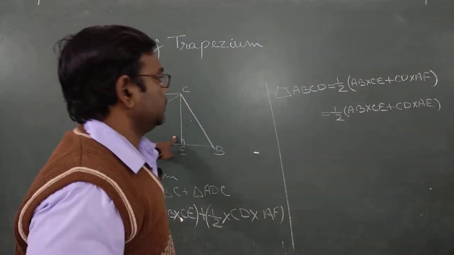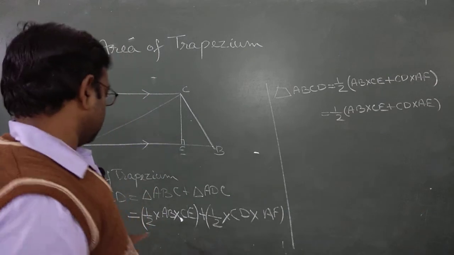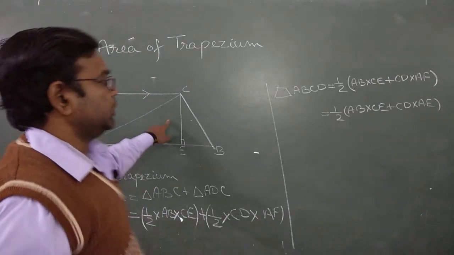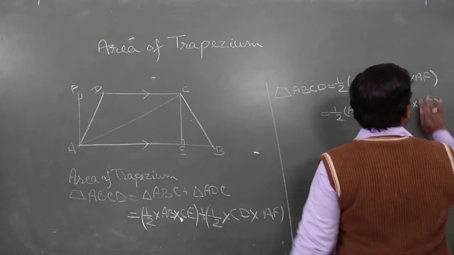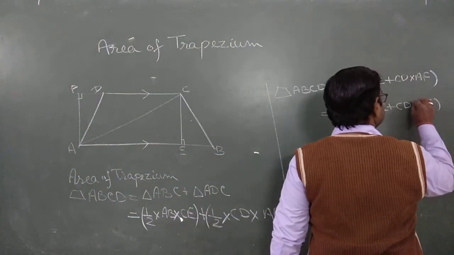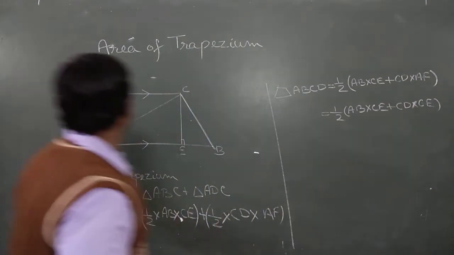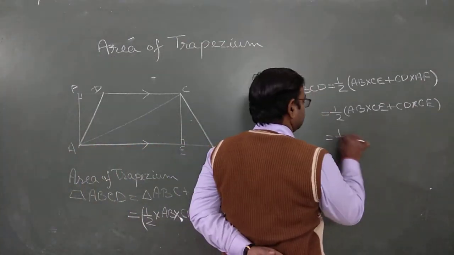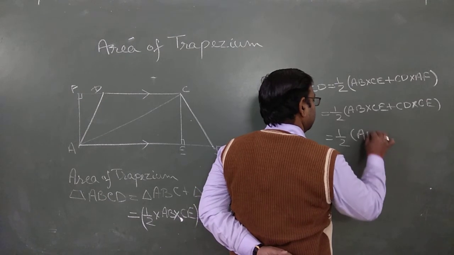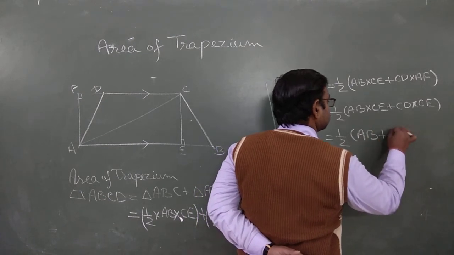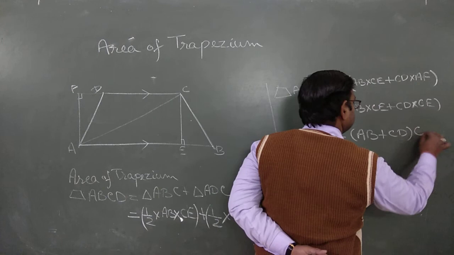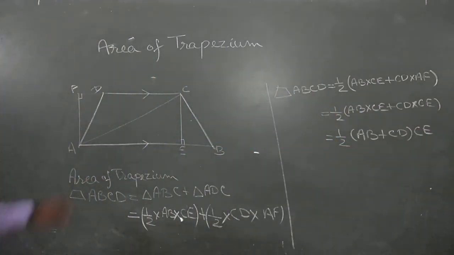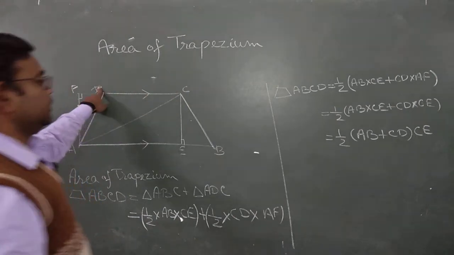Something is missing. It's half AB into CE, and here we have, sorry, it's CE. Because AF equals CE, we take half common. Now what we have is AB plus CD, and we take CE outside. So AB plus CD, and this.